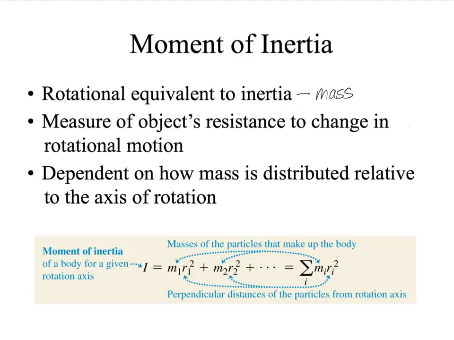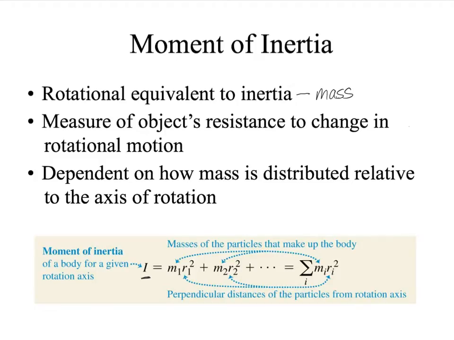Now, instead of just being equated to the mass of the object, it's dependent on how that mass is distributed relative to the axis of rotation. So we came up with this expression for the moment of inertia as the sum of the mass times its radius, that's the distance from the axis of rotation, but that radius squared.